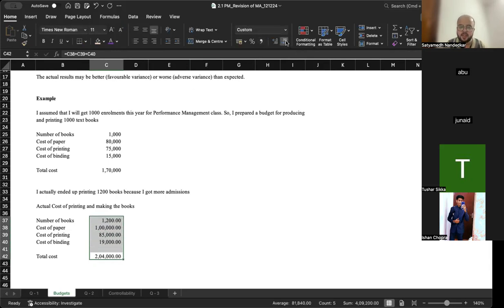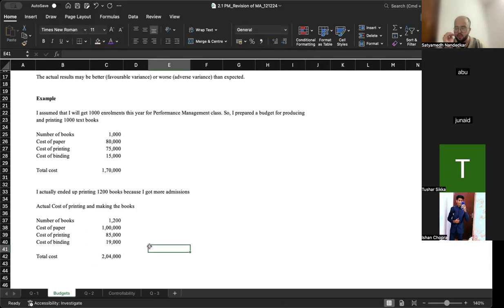Now, as a business entity, I wanted to see whether I was within the budget or whether I was beyond the numbers that were given to me.